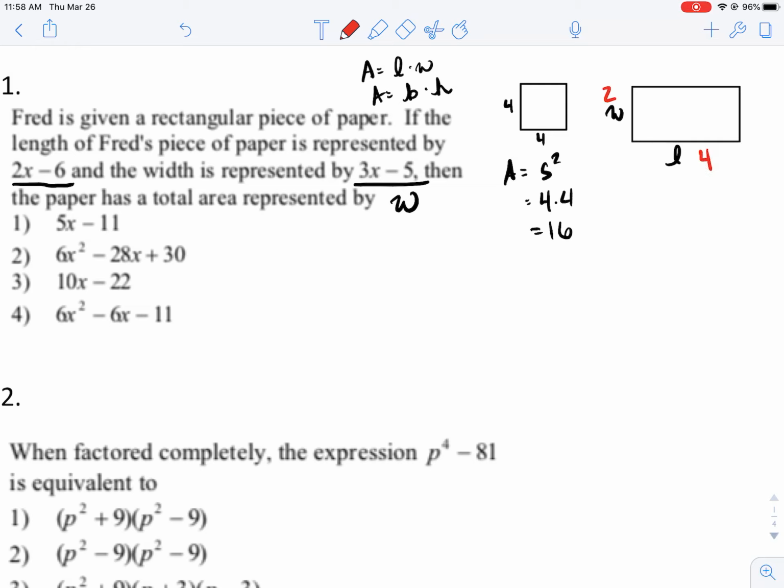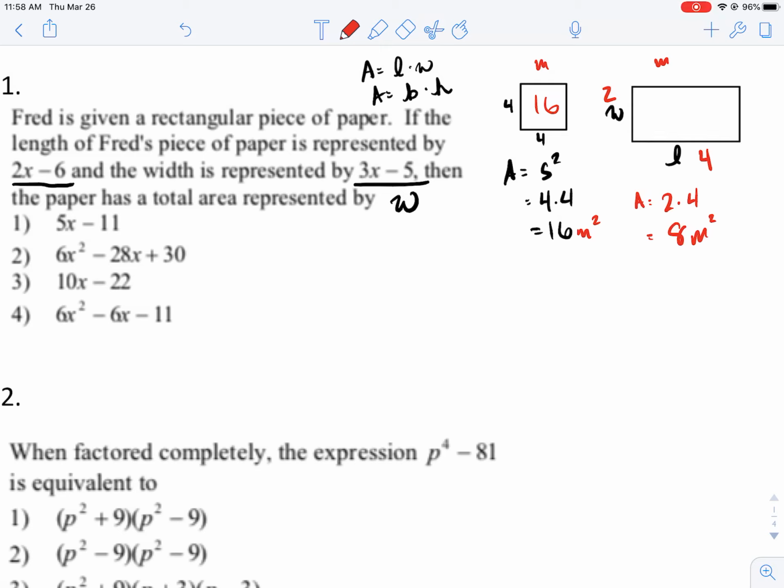Our area here would be 2 times 4, which is 8. Usually they give some sort of unit, so let's just say this is meters. Let's say this one is in meters as well, so you would say 8 meters squared. This one would be 16 meters squared.